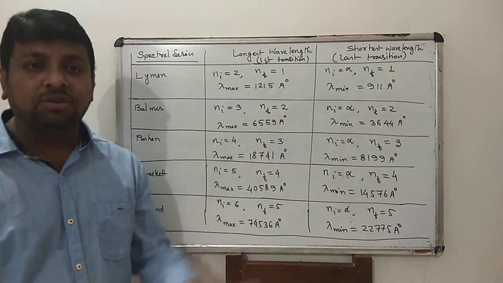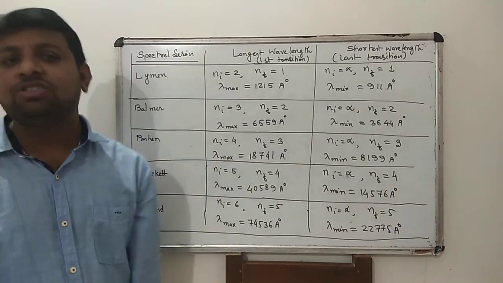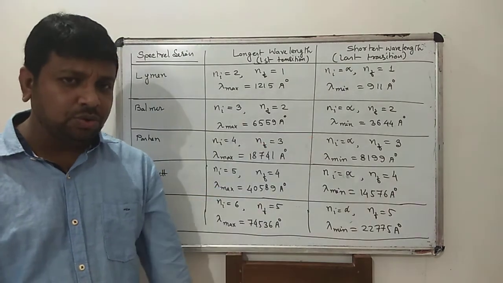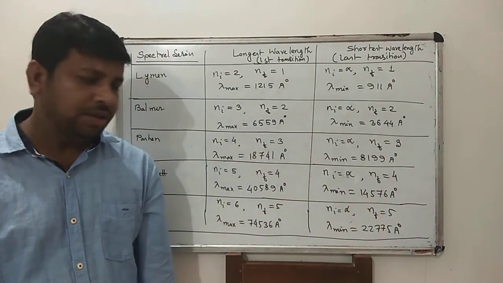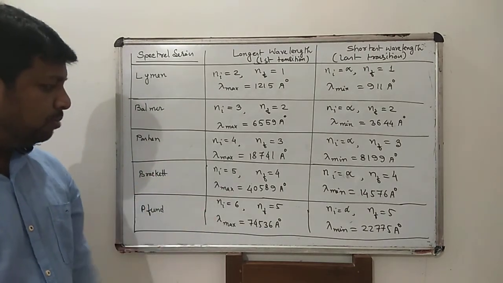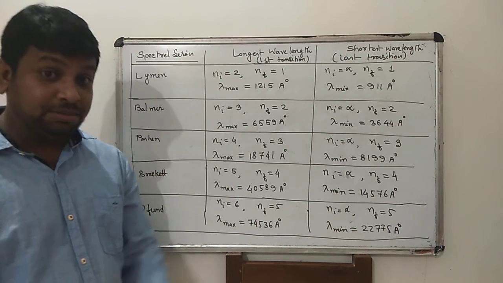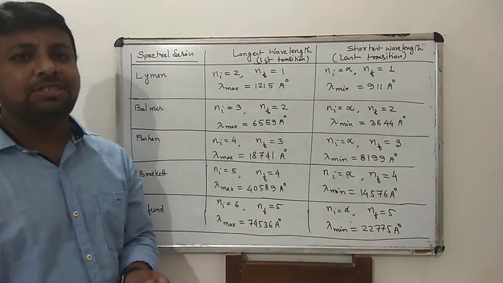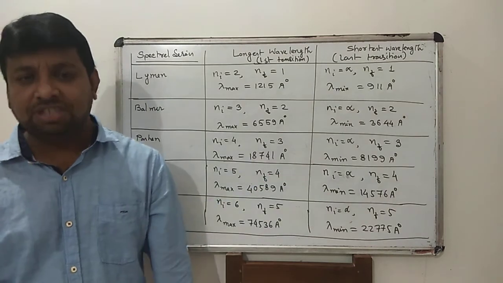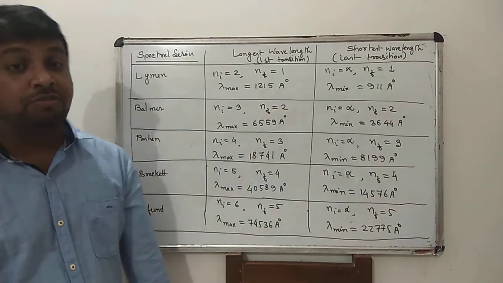That means 8,200 to 18,000. Okay, 8,200 to 18,000. Okay. So next, Brackett series, which has maximum wavelength 40,000. In the Brackett series, the first transition's maximum wavelength is 40,000 and the last transition's is 14,000. That means 14,000 to 40,000.